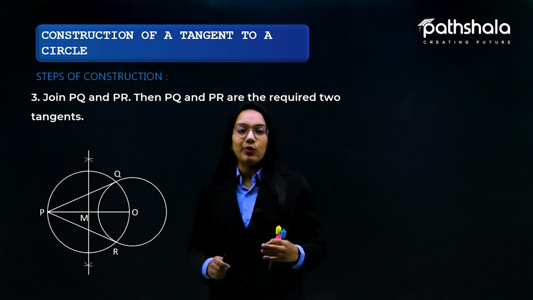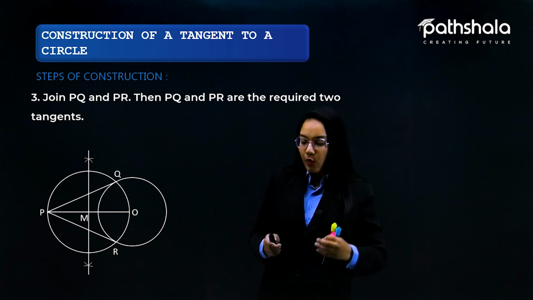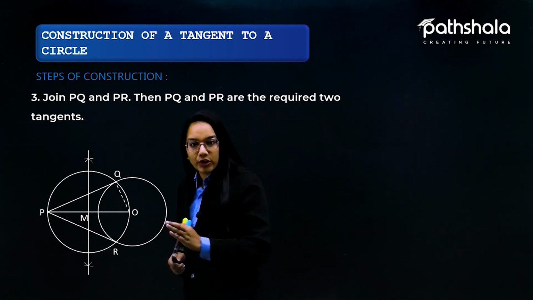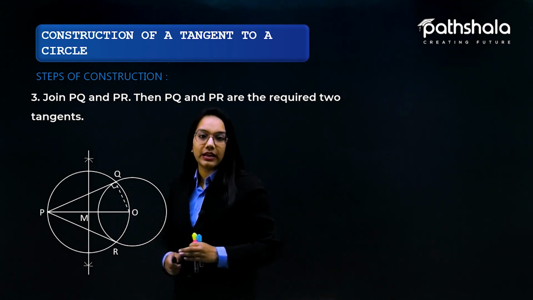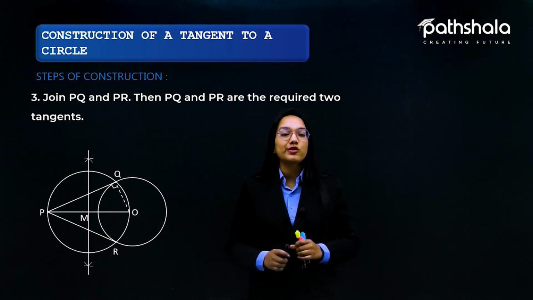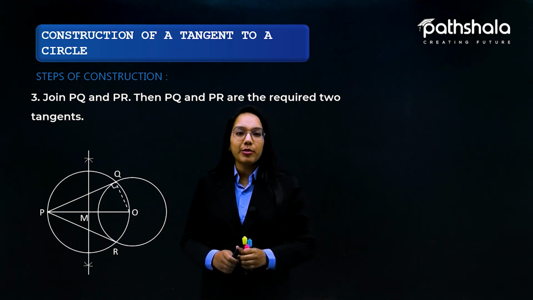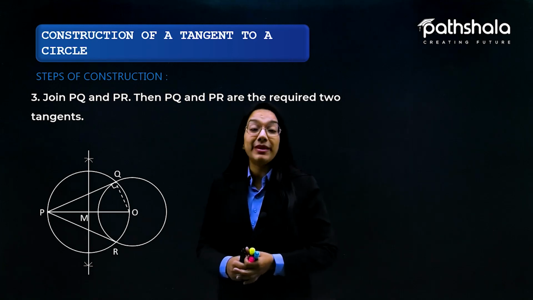Now again, we know that if we join O with Q, then this angle is 90 degrees. Why is this angle 90 degrees? Because it is the angle in the semicircle.